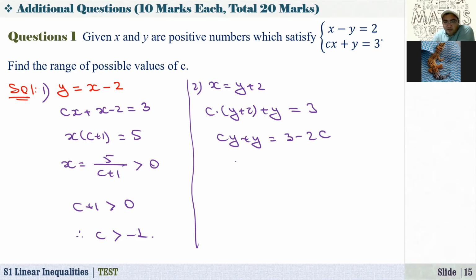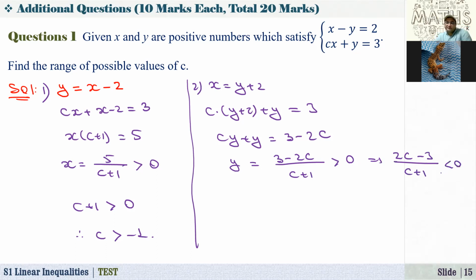Now here y is a common factor, so y is equal to 3 minus 2c, and divide both sides by c plus 1. Again, this should also be positive, right? Now if you look at the numerator, multiply both sides by negative 1. So here we have 2c minus 3 over c plus 1, and it should be negative.